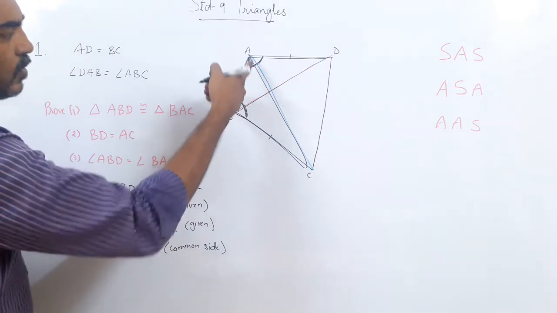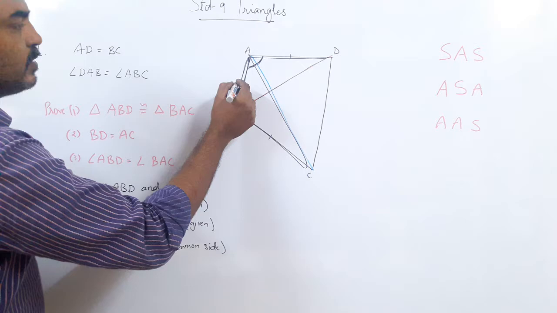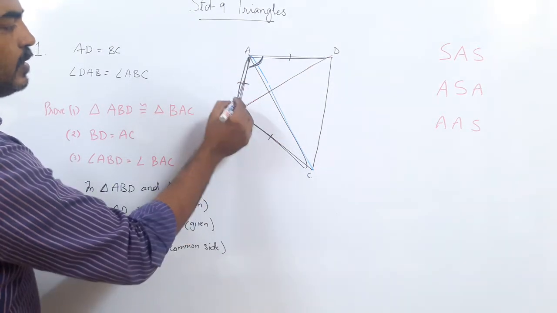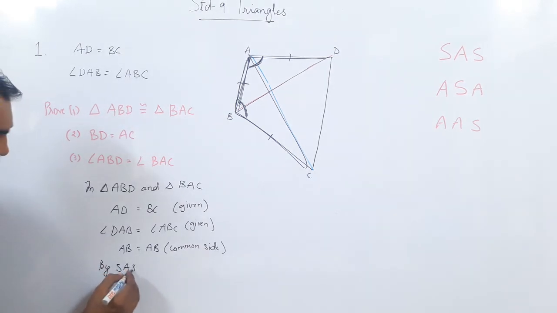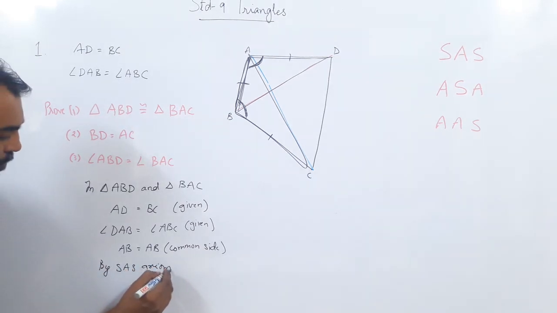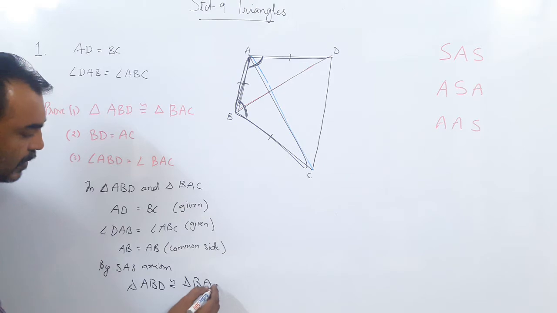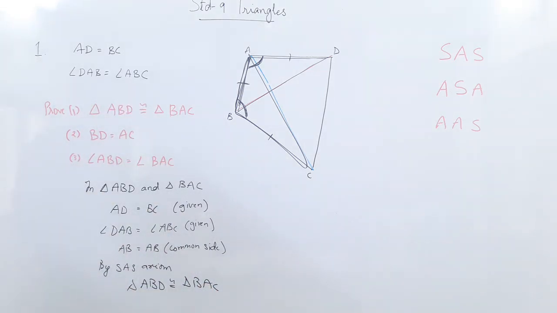The angles of the two triangles are equal, and the third side means side, angle, side, and here also side, angle, side. So by SAS axiom, triangle ABD is congruent to triangle BAC. The first result is proved by the SAS axiom.